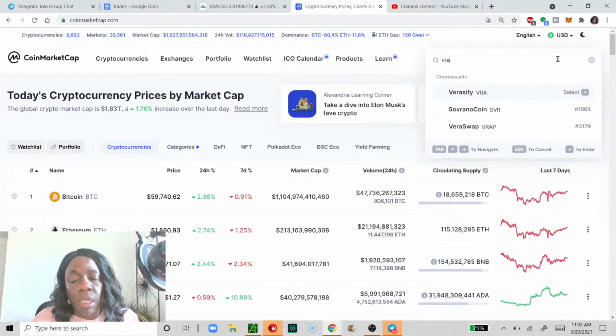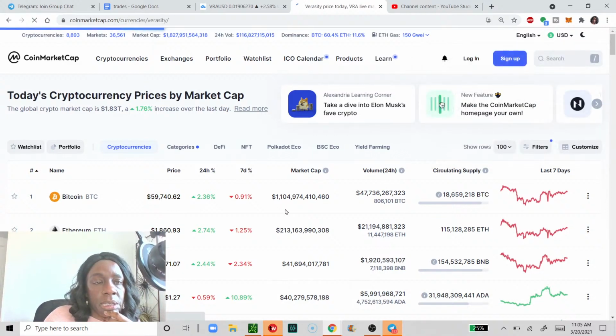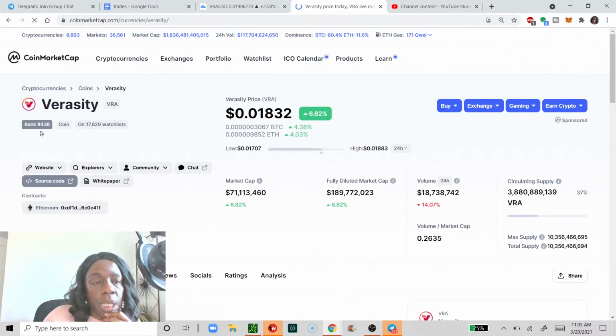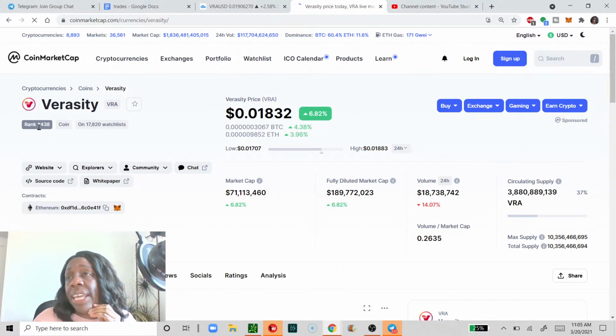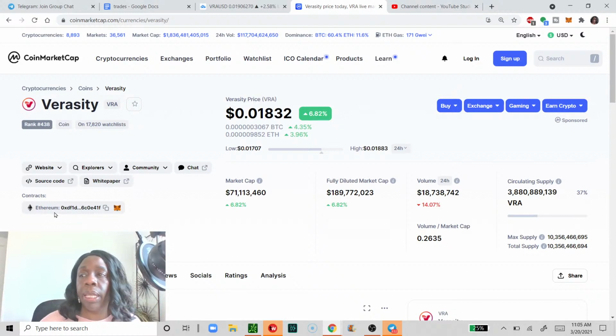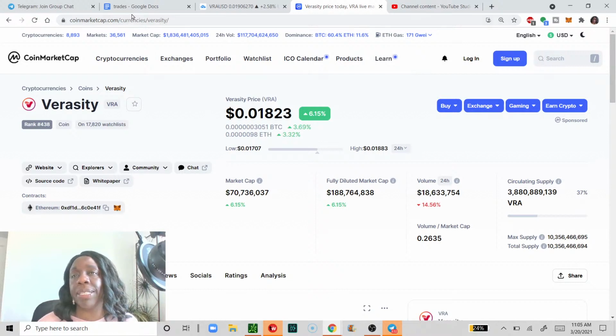VRA. Let's see how it ranks. It's number 438. Everything you need to know about VRA, everything you need to know about any coin, coinmarketcap.com. That's the one you need.